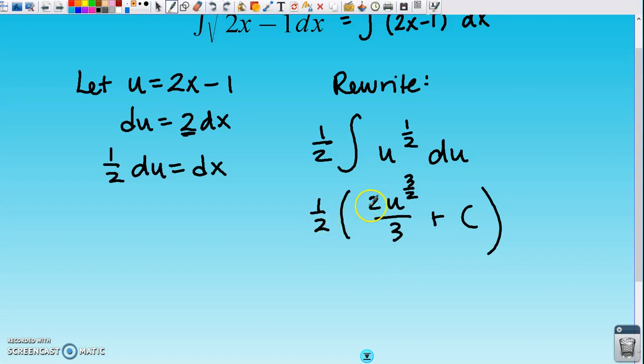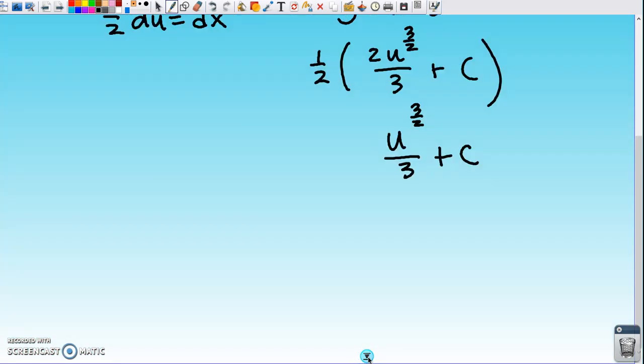The 1/2 and the 2 cancel, so it just becomes u to the 3/2 over 3 plus c. Okay, still not done. Gotta have this in terms of x. Nope, u is 2x minus 1, so this is now (2x minus 1) to the 3/2 over 3 plus c.